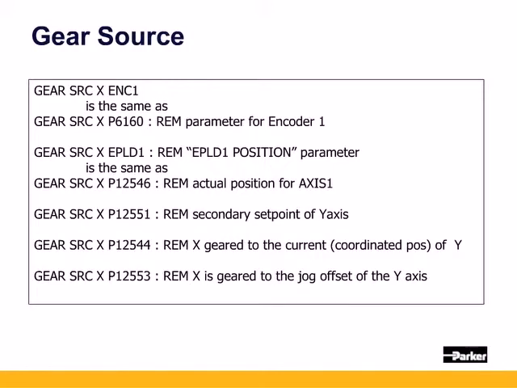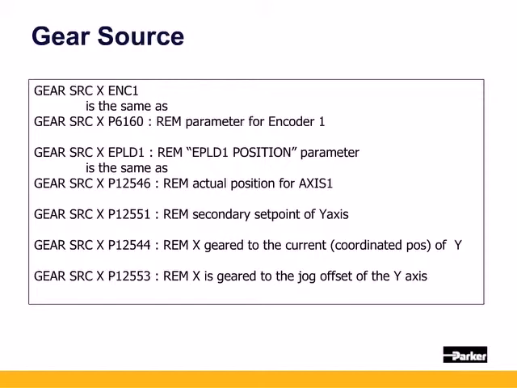So on your demo, you could do gear source X EPL D1 or using the parameter number, source X P12546. Some other common set points used is the secondary set point P12551 for the y-axis, 12544 for the current coordinated position, or 12553 for the jog offset value.